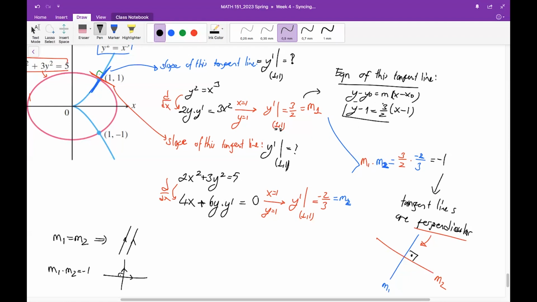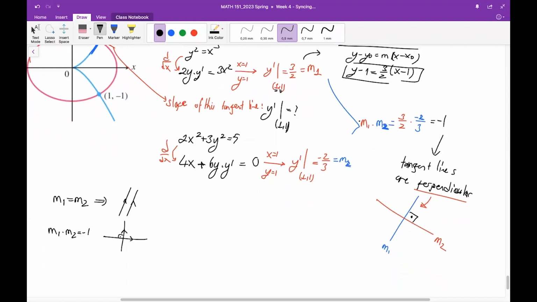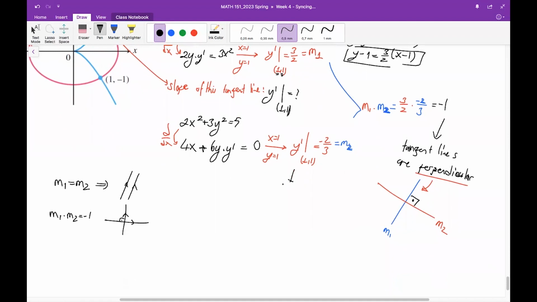This will be the equation of the first tangent line. For the second one, you can also create the equation of the tangent line. Just the slope is different: y minus y0, the slope this time is -2/3, times x minus x0, which is 1. These are the equations of the tangent lines.